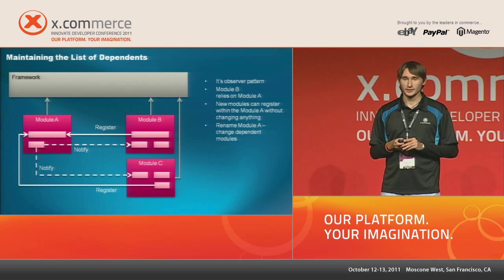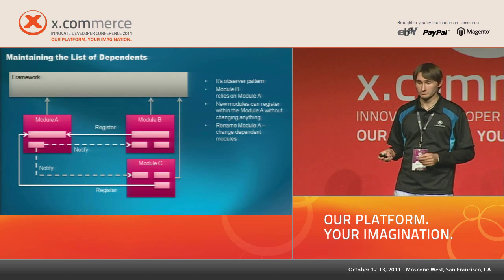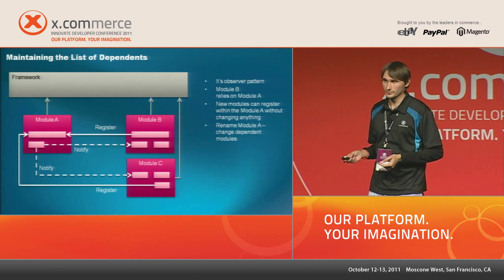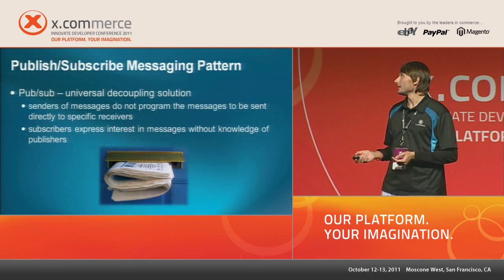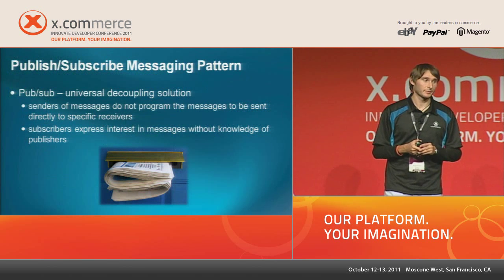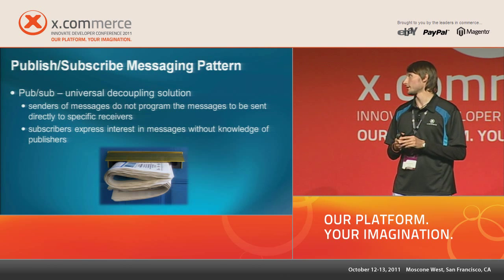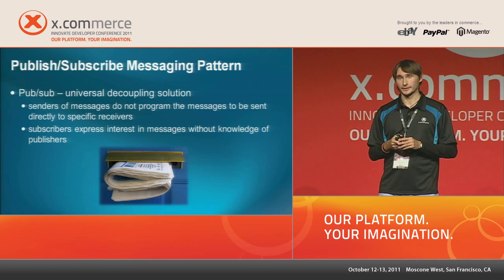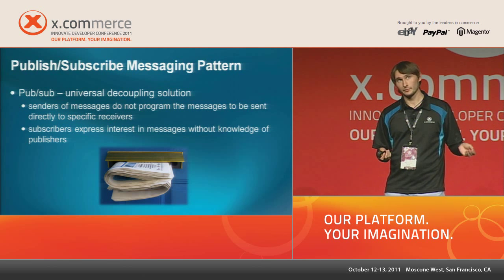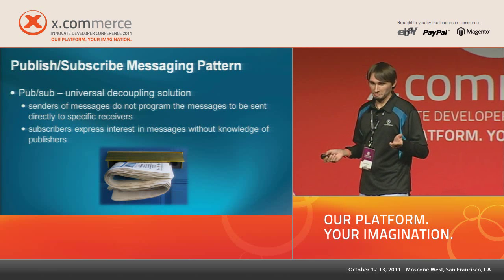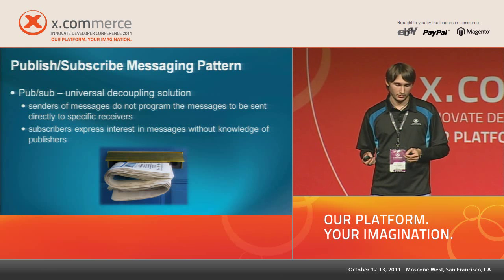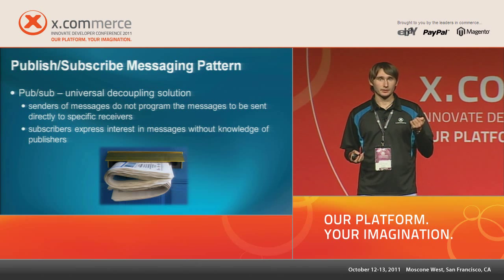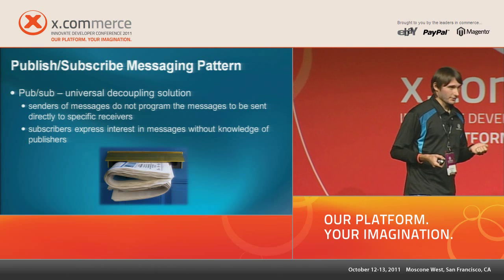So let's look at the solution that can solve all these problems. It's called the publish-subscribe messaging pattern. The idea is pretty universal and simple, and it can be applied to almost any application. There are two points under this idea.